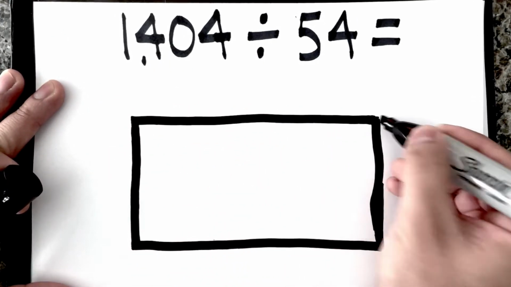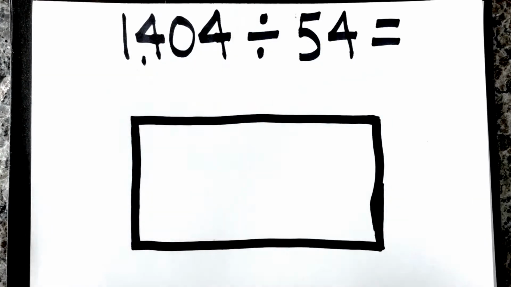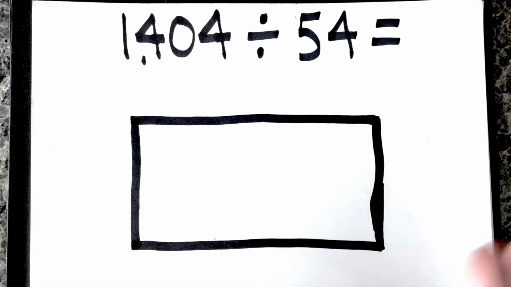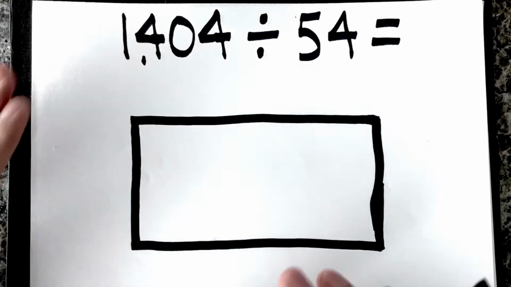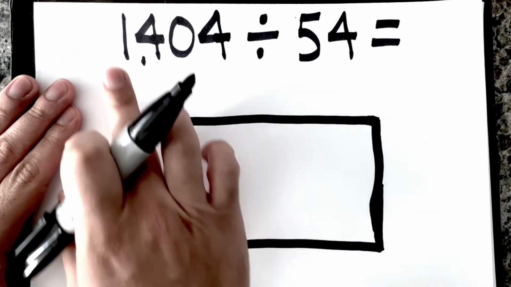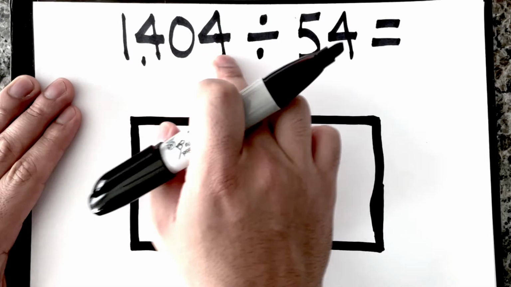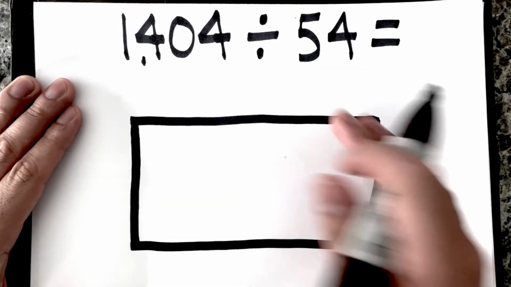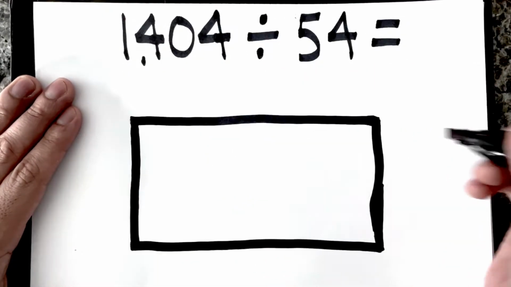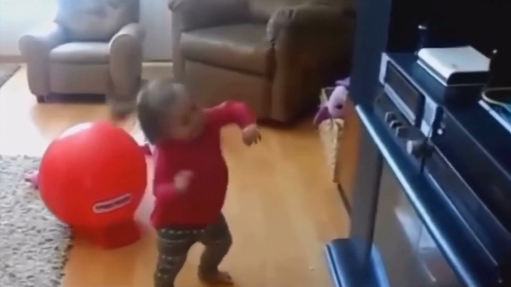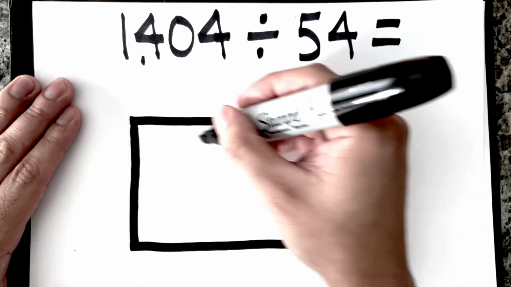All right, so we have our step one. We made our box. Now we need to cut our box by each digit. Here I have 4 digits, so let's cut our box into 4 parts.